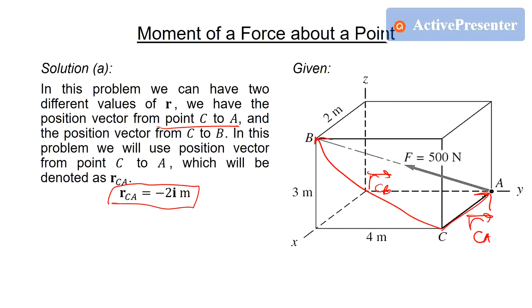Question is, will we get the same answer if we use the second position vector, which is RCB, which is negative 4J plus 3K?